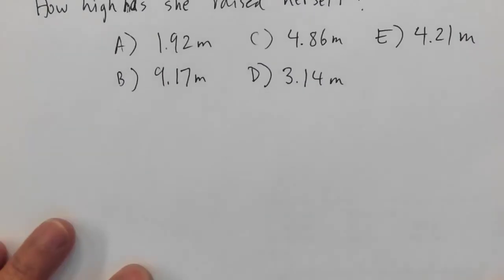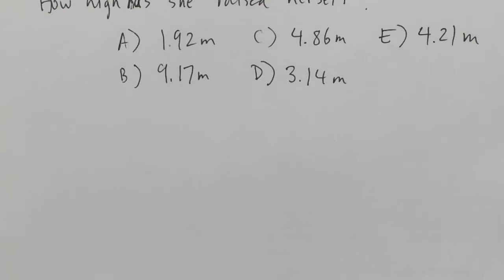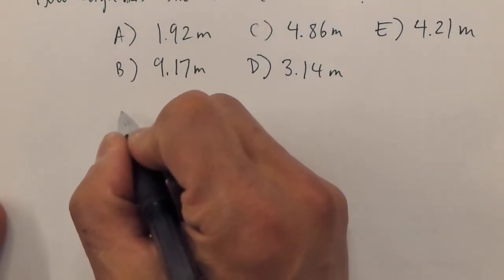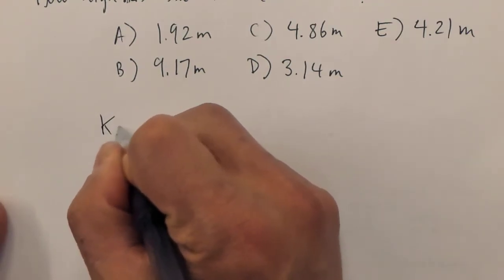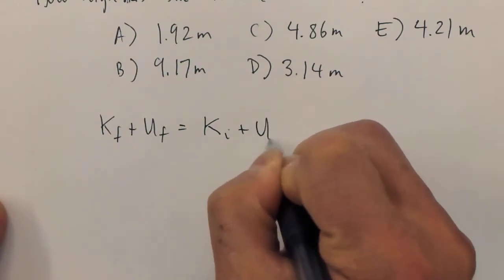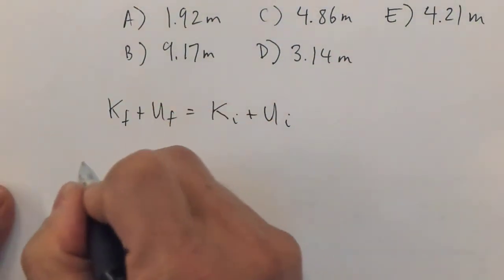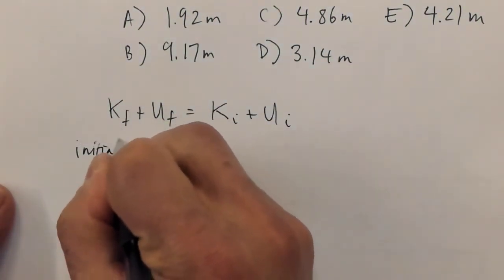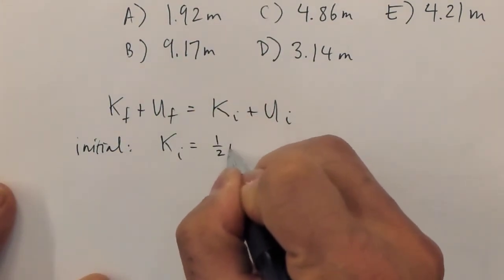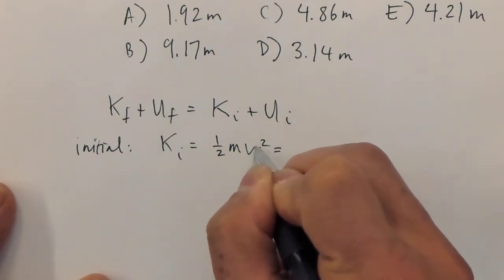Conservation of energy. If in doubt on quiz 4, the answer is we have to get conservation of energy to work. So we have K final plus U final is equal to K initial plus U initial, or vice versa, doesn't matter. So let's look at what we have for initial. K initial is equal to 1/2 m v initial squared.